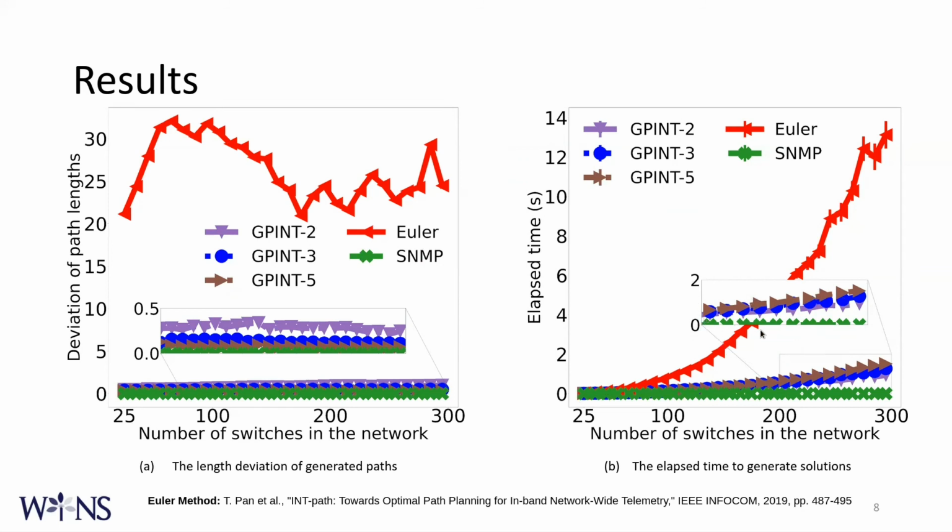What we observe is that GP can deliver the results in under 2 seconds. Why it is important is that you would like to run this algorithm multiple times and probably frequently as the network changes. Therefore, you would like to have a fast and efficient network monitoring framework, or INT path generator, so that you can generate paths that cover the network and deliver timely results.